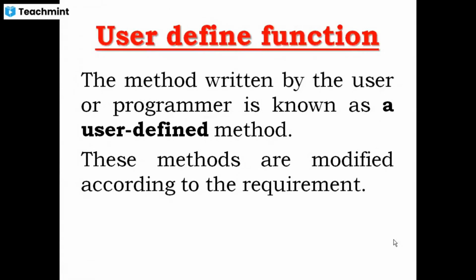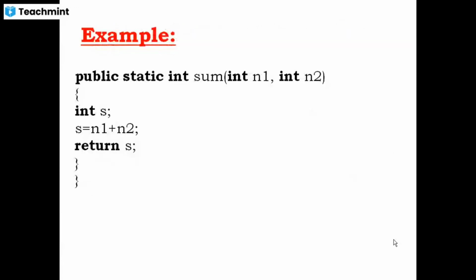Those methods are called user-defined methods because the programmer is defining them, either me or you. Okay. For example: public static int sum(int n1, int n2) { int s = n1 + n2; return s; } So this is the simple syntax to define our own method.